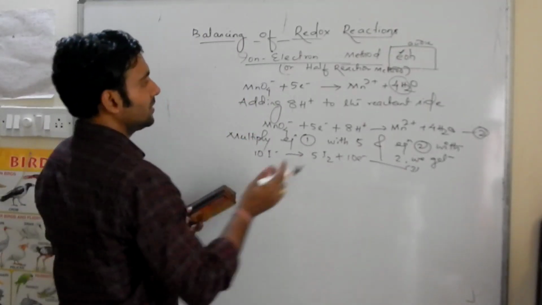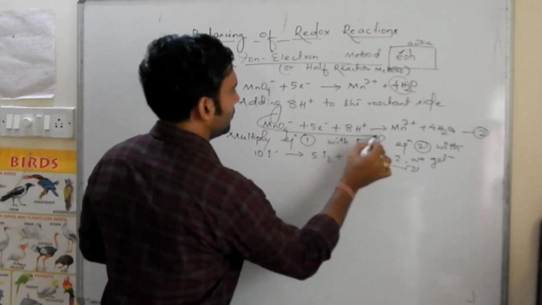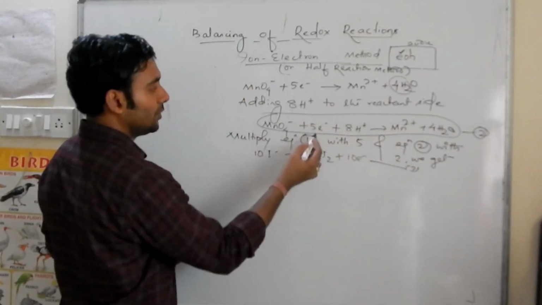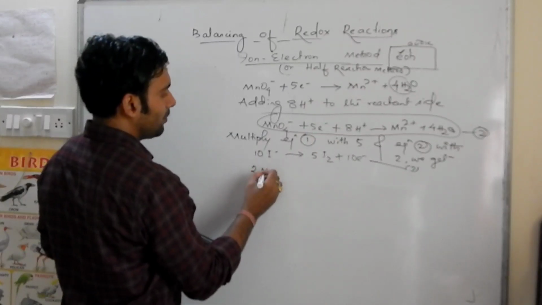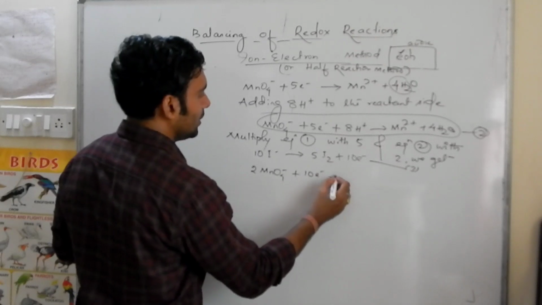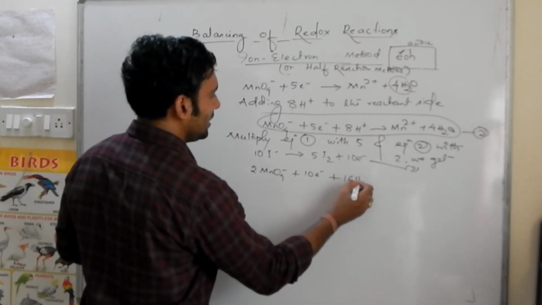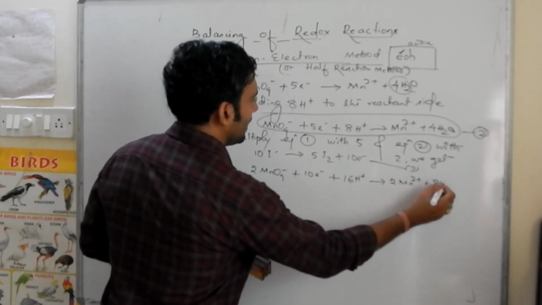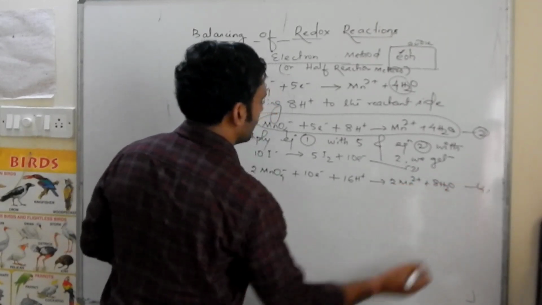And equation 2 we have to multiply with 2. So we will get 2 permanganate ions plus 10 electrons plus 16H+ gives rise to 2Mn2+ plus 8H2O. Let us say this is equation 4.